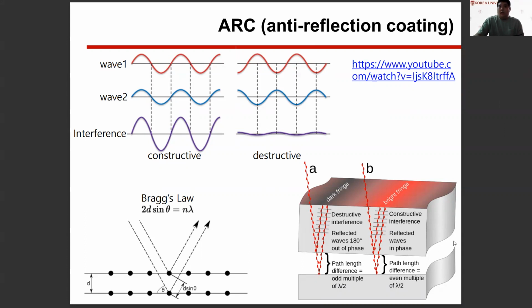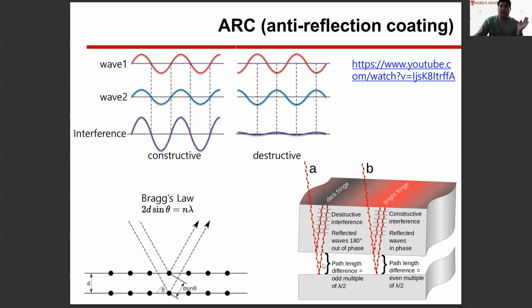If we put the photoresist on the silicon, and the light goes through the photoresist, the silicon shines with the reflection of the light.